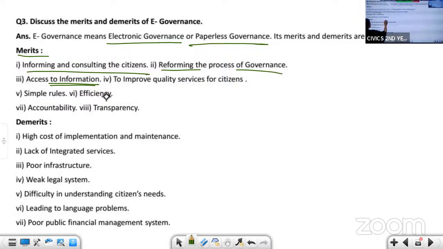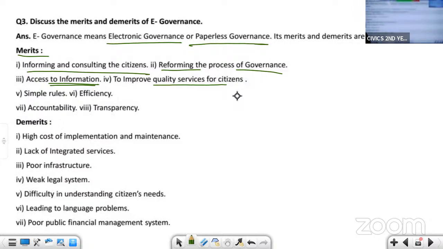Then it has improved the quality of services it is providing to the citizens. I'll take a small example. If you want to pay your electricity bill or water bill or your house tax, or for that matter, your traffic challan, then earlier, you used to go to that particular office, and there you had to stand in a long queue.